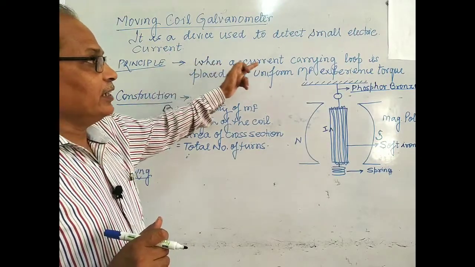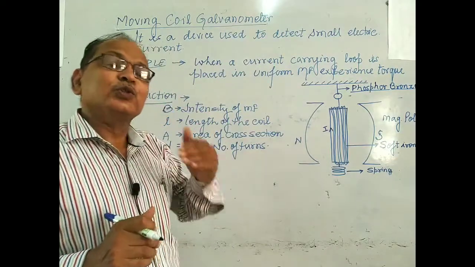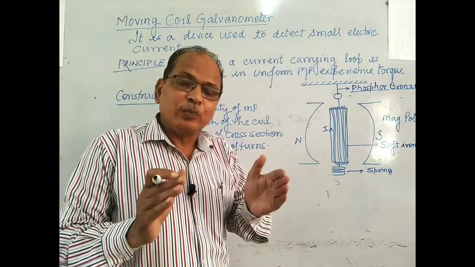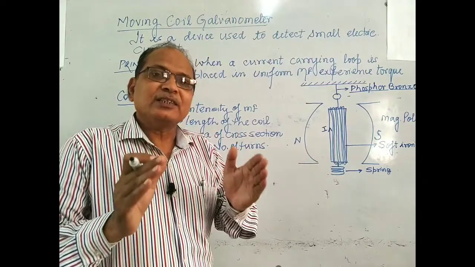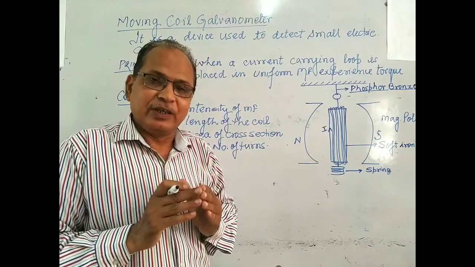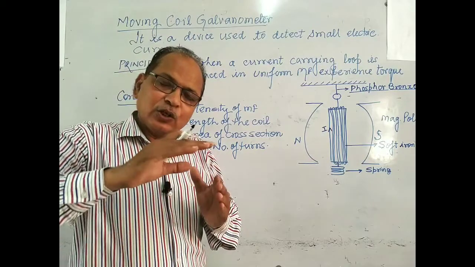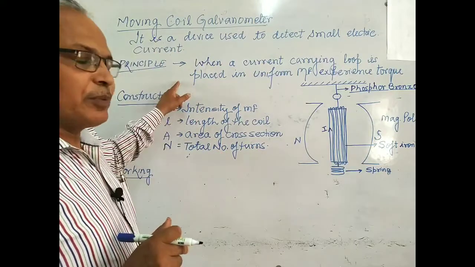When a current carrying loop is placed in uniform magnetic field, which you studied in the last topic, when a loop in which current I flows is placed in the uniform magnetic field, it experiences torque and the loop rotates. This is the principle of that.